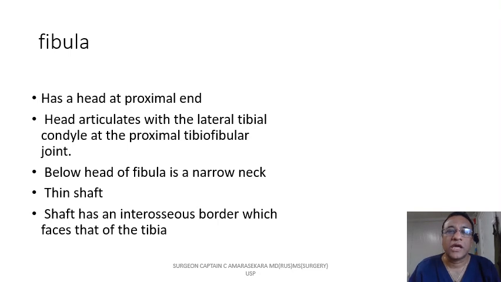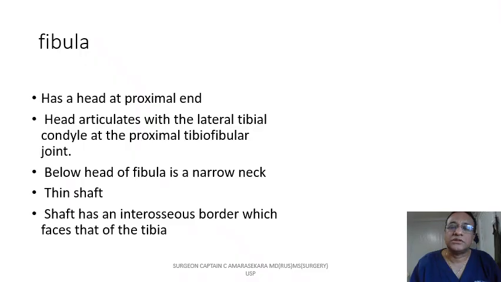At the proximal end, the fibula head articulates with the lateral condyle of the tibia at the proximal tibio-fibular joint. So in this joint, the head of the fibula articulates with the lateral plateau, the lateral condyle of the tibia, from the lateral side.